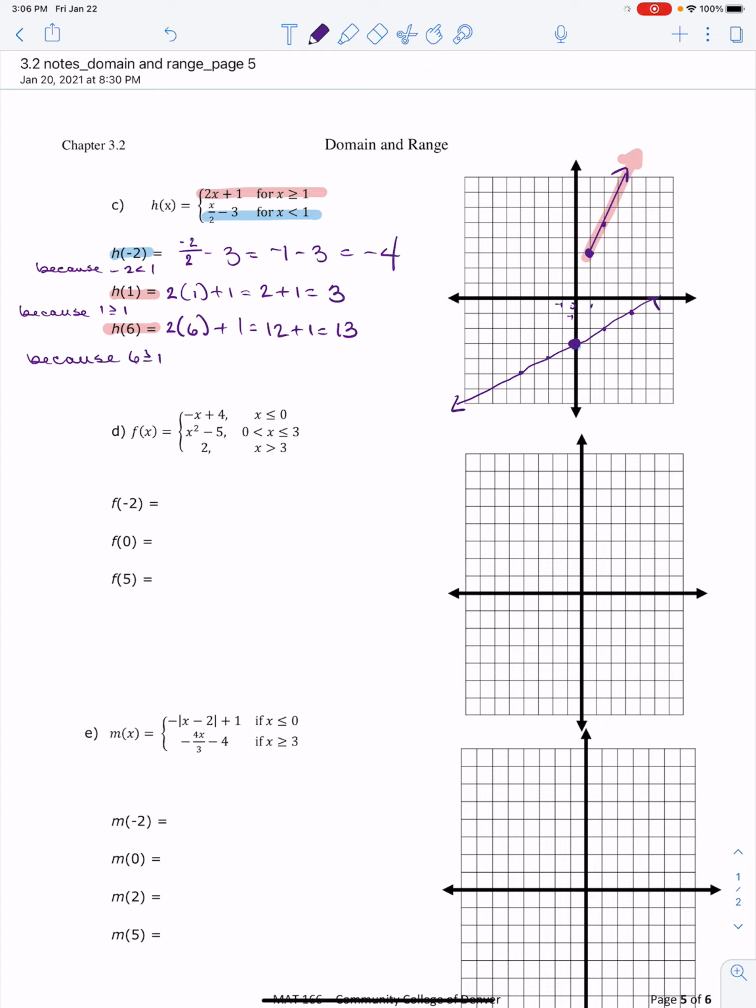And so again, this is valid for x less than 1. And so here's my 1 right here. That means I'm going to need an open circle. So I'm going to go ahead and erase this part of the line.